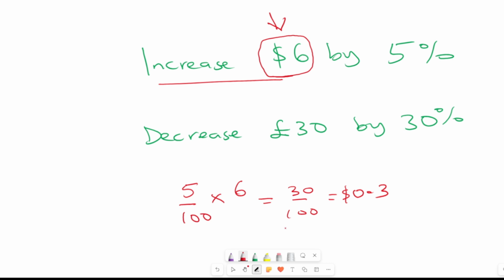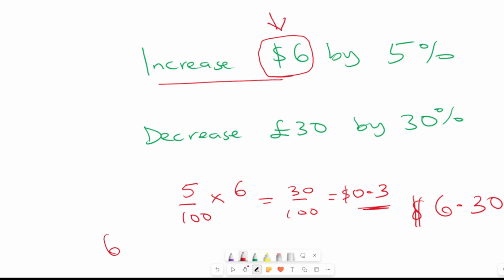The original amount you are told to increase by 5% is 6, and a 5% increment on 6 is 0.3. So you have to bring this 0.3 back to the $6, add it to it, and you are now getting $6.30. Okay, so that is how you increase $6 by 5%.